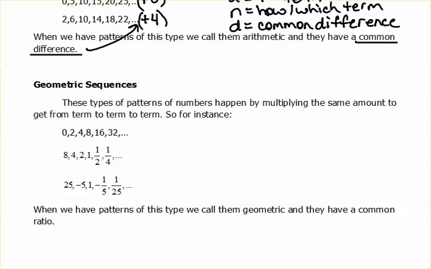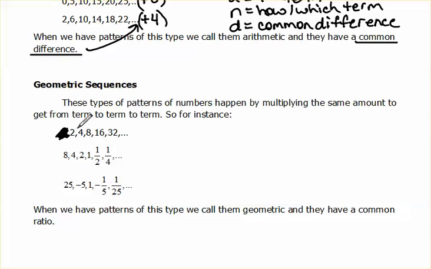In geometrics we are multiplying. So for instance, in this first example here, can you tell what it is that we are multiplying to get from term to term to term? Sorry about that, I shouldn't have that 0 there. Let me go ahead and mark that off. I should have edited before I did this. So let's say that 2 is our first term here.